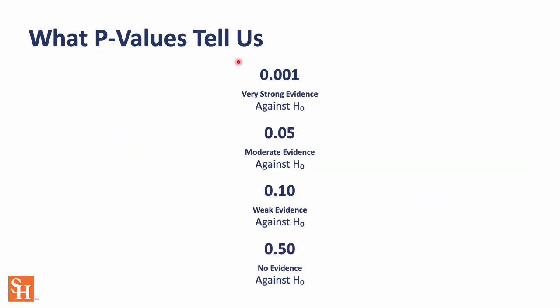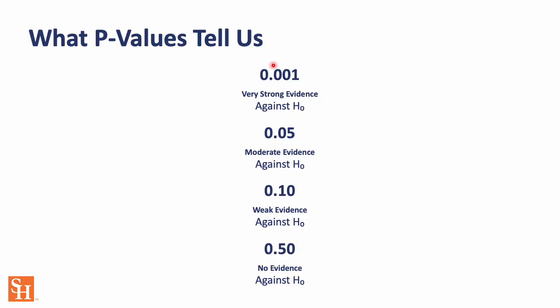Let's discuss briefly what different p-values tell us. If the p-value is very small, like 0.001, then we have very strong evidence against the null hypothesis. If the p-value is 0.05, we have moderate evidence against the null. If the p-value is 0.10, we have weak evidence against the null. And if the p-value is large, like 0.50, we have no evidence against the null, right?